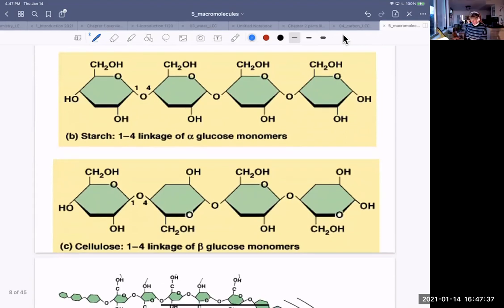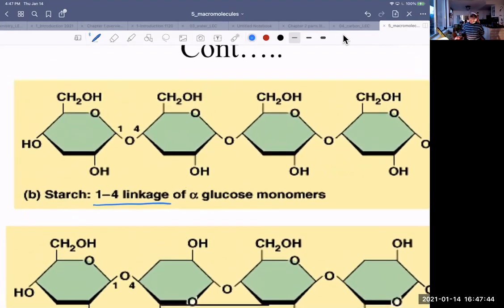There's starch, and starch has a 1,4 linkage of alpha glucose monomers. What the 1,4 linkage means is that whenever you see a diagram like this, a ring, sometimes, of course, there will be an O for oxygen, but if there's nothing, like here, here, here, here, and here, we know that those are carbons. And carbons in a ring are numbered. And the number 1 is always the right-hand carbon in that ring.